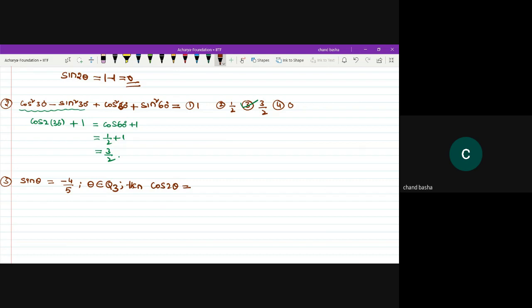Sin theta is given to you, and he is asking for cos 2 theta. Hope you can get the answer for this question.